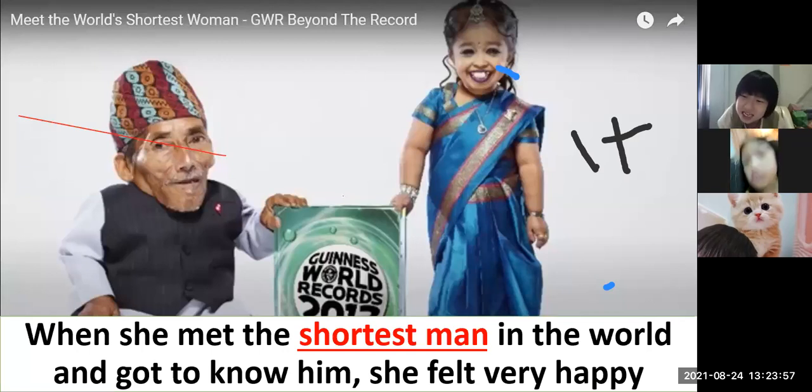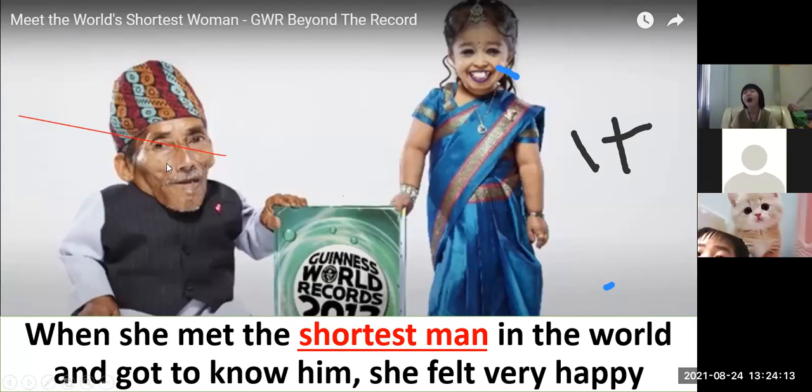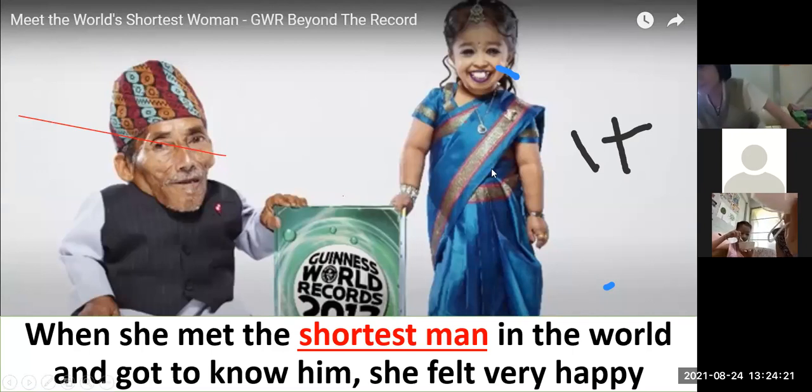When she met the shortest man in the world and got to know him, she felt very happy. But sad to say, this man is now dead. He was the shortest man in the Guinness Book of Records, but this woman is still alive until now.